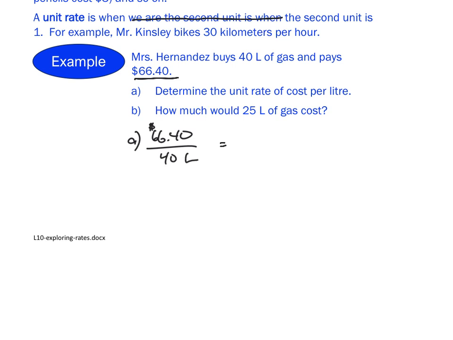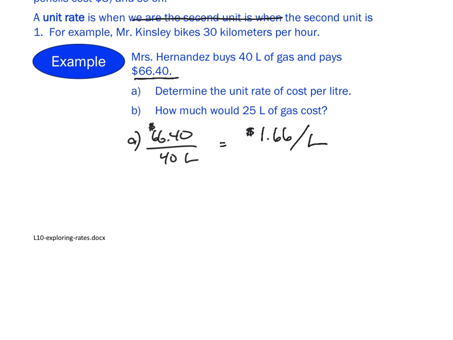So before we type that into our calculator, the answer is going to be something in dollars per liter. So take $66.40 on your calculator and divide it by 40. What do you get? $1.66. So it costs $1.66 per liter for the gas at the gas station where she's at.